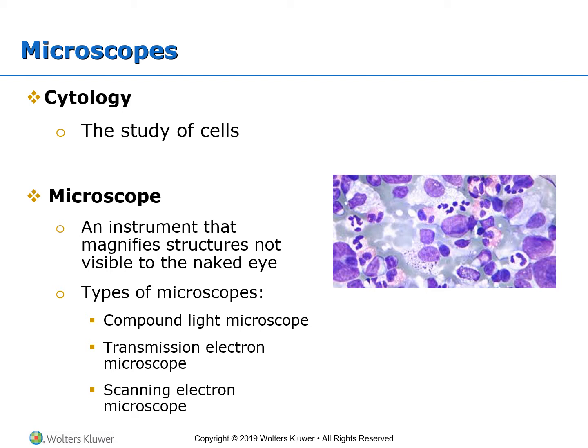Currently, we have a few types of microscopes available on the market, and I will give you a little bit of insight on each of them. The first one is called a compound light microscope, which is the type you will see most commonly used in laboratories.